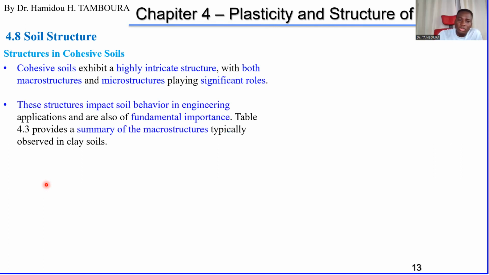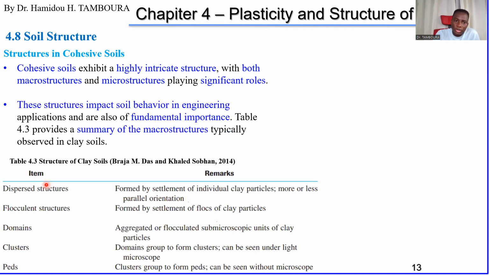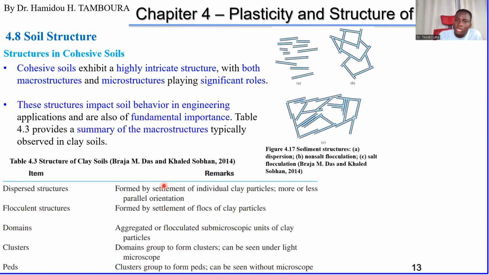This table is a summary of all the different types of clay structure we have. There are in total 5 of them. The dispersed structure is formed by settlement of individual clay particles, in more or less parallel orientation, like case A. The flocculation structure is formed by settlement of flocks of clay particles. These two are the cases we are talking about here.